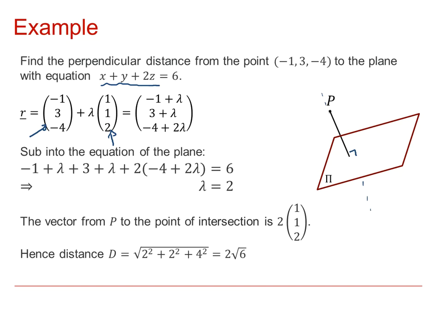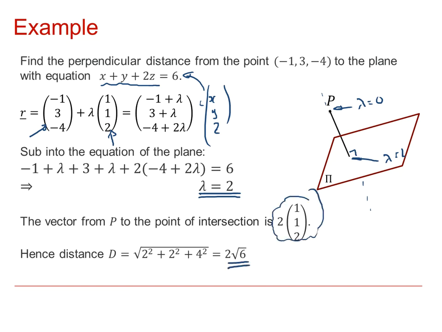Then substituting those values of x, y and z into the equation of the plane produced lambda equal to 2. So p is at lambda equal to 0, this point here is at lambda equal to 2, and therefore we know that the vector is twice the normal vector, and hence its length is 2 root 6.